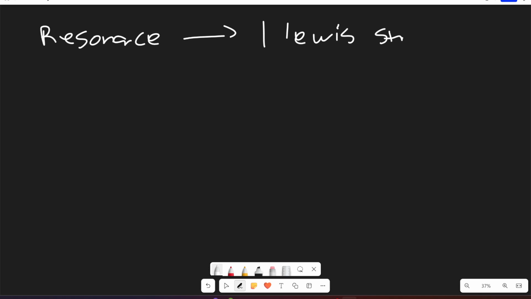Okay, so now moving on to resonance structures. So essentially resonance structures are used when there are certain times when one Lewis structure is not a sufficient representation of what the compound looks like.